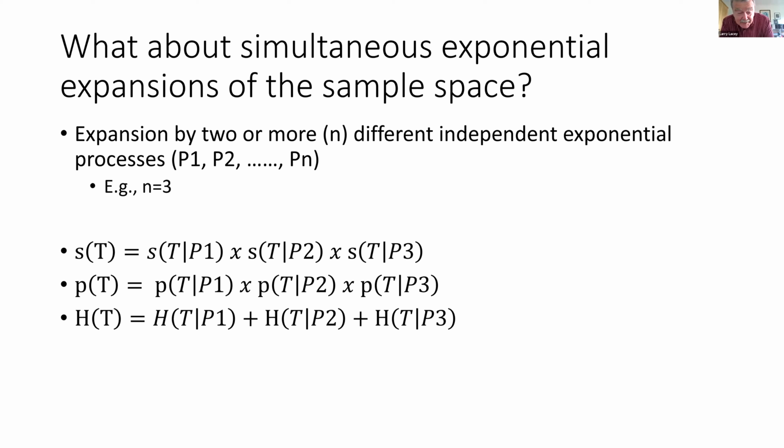And again, as shown very clearly in the paper, you can express the growth in the sample space, the probability, and the information entropy in terms of each of these processes. For the growth and the probability, you multiply the individual processes. And the neat thing about the information entropy is you add them. So a nice property of information entropy is it linearizes the issue. I like linear problems as opposed to nonlinear problems.